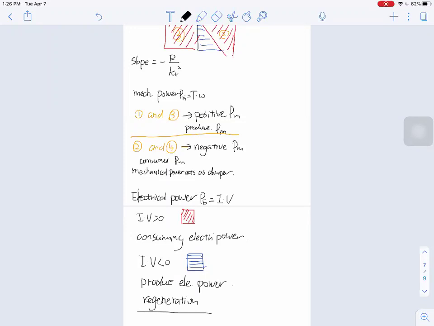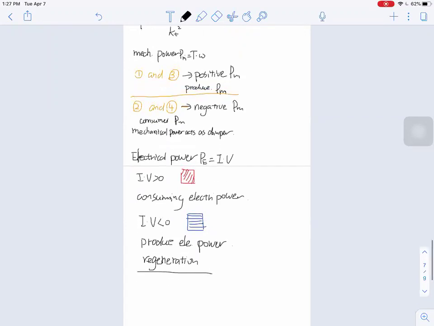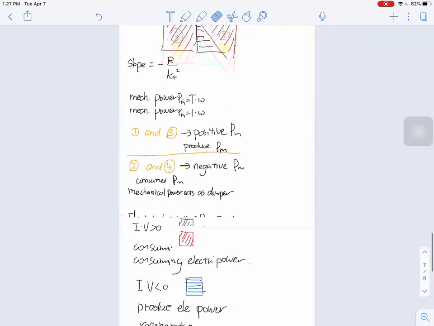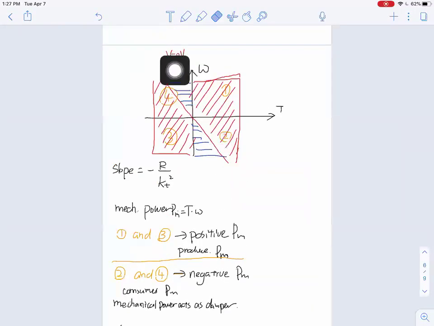So if we want to use a motor as a generator, for example for our electric car application, you want that car to regenerate as much power as possible to recharge the battery, and the slope of the curve becomes very important. As you can see, that's the slope. If the slope is very steep, then this dark blue region is going to be small, which means you're going to have a smaller running region to regenerate electric power.